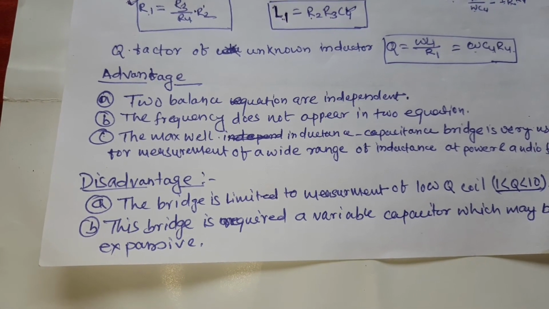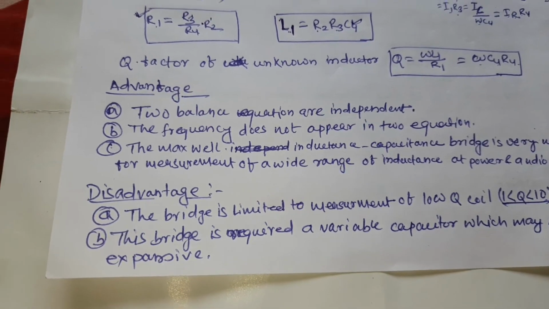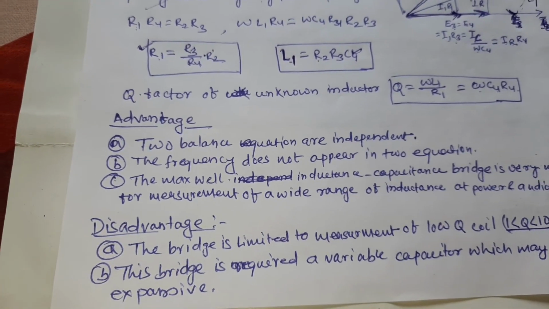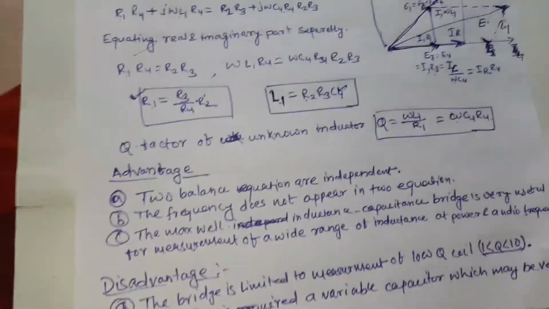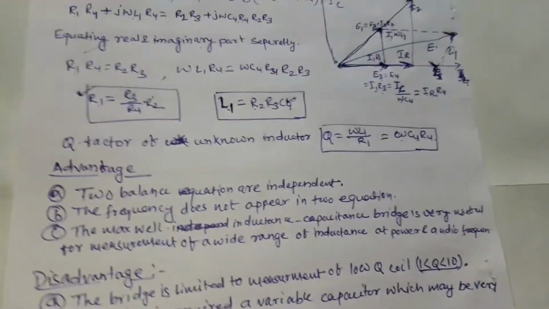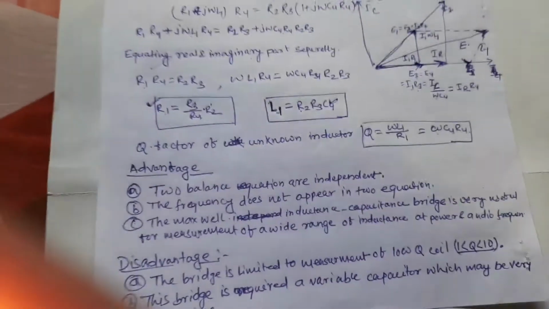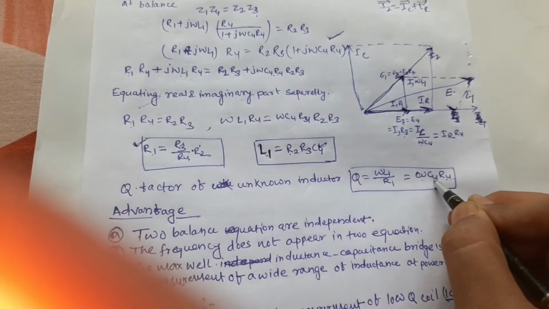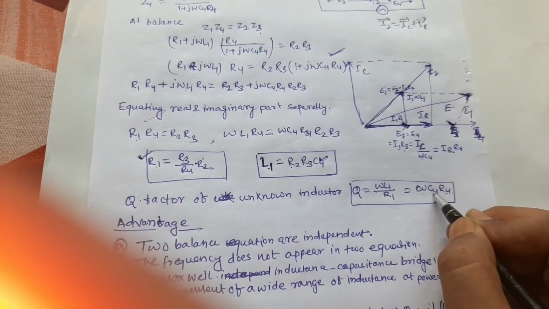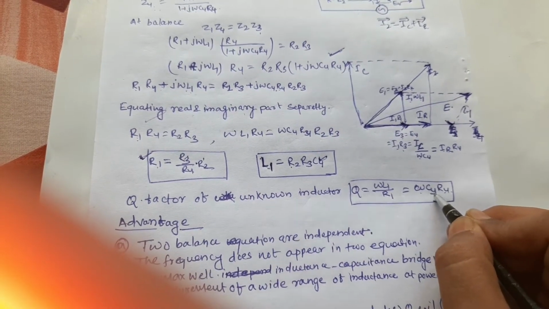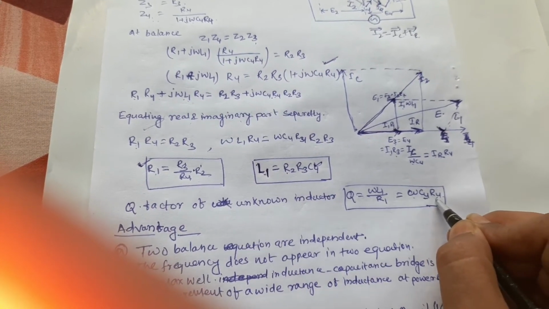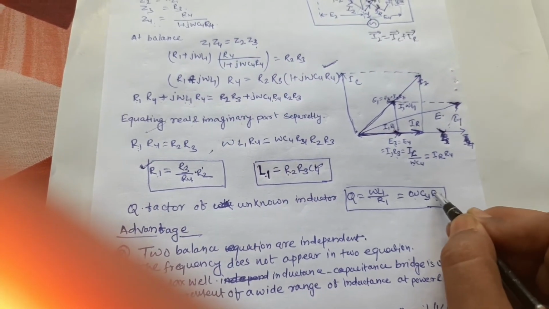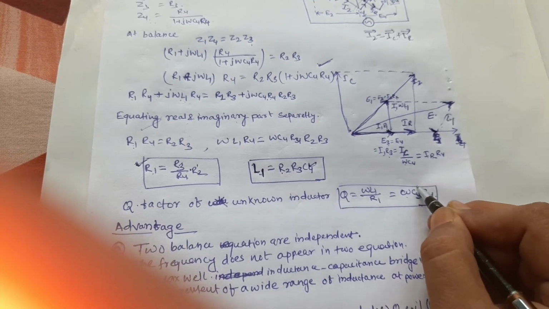For a high quality factor, because the quality factor depends on the values of R4 and C4, a high quality factor inductor needs a high value of capacitance and a high value of resistance, which makes the circuit costly.